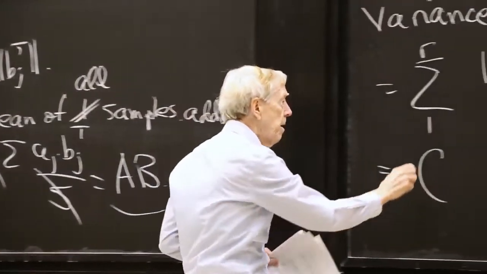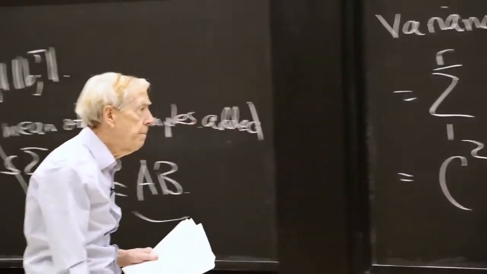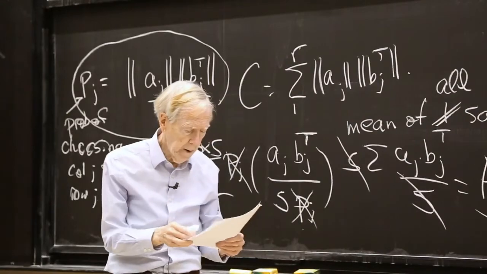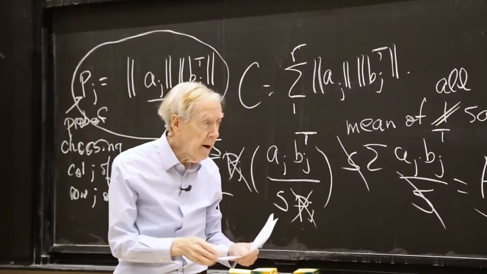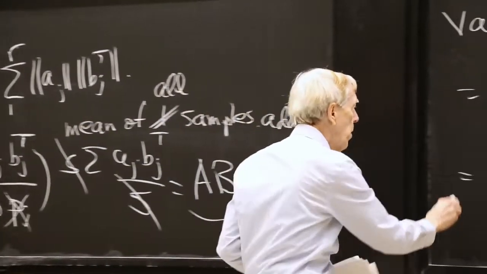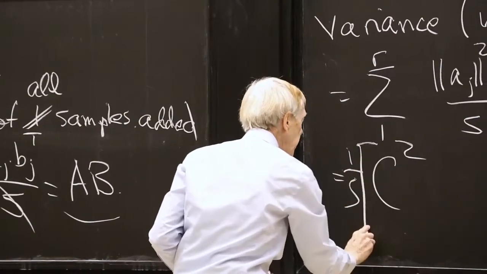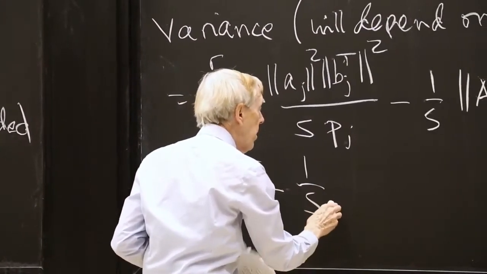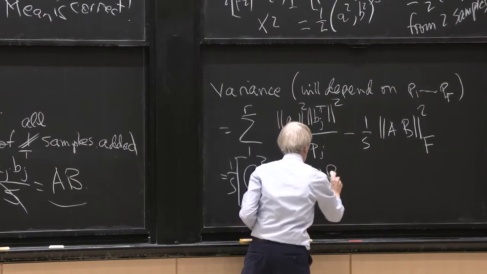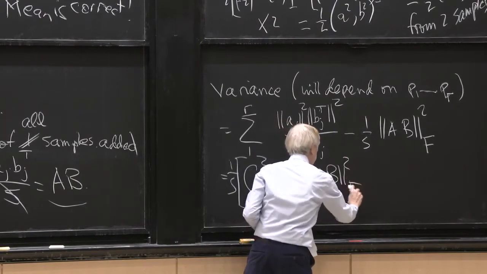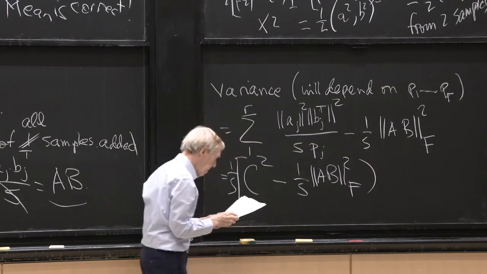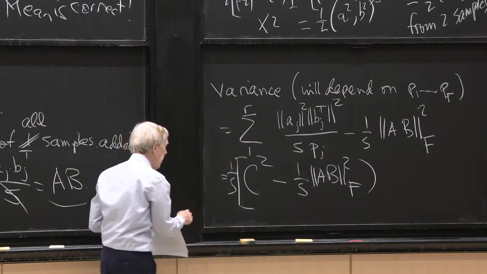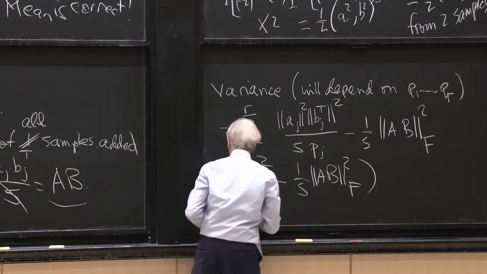So it's C squared coming here, a constant squared, minus the other term. There's a 1 over s that'll eventually go away. And this other term is 1 over s times the norm of AB, the Frobenius norm squared.